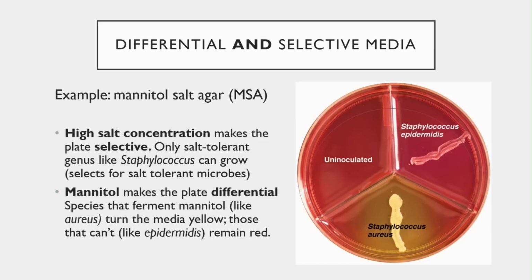So the medium is selective due to its salt content, restricting growth, and also differential because we can tell what type of Staphylococcus is growing. S. epidermidis cannot ferment mannitol, and we can see it doesn't change the mannitol to a yellow color. However, S. aureus can. This is very important because S. epidermidis is one of our friendly bacterium, while S. aureus can cause disease.